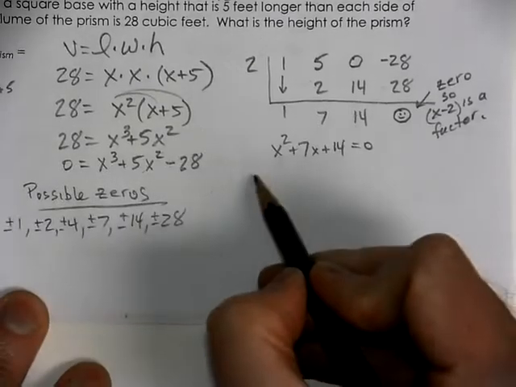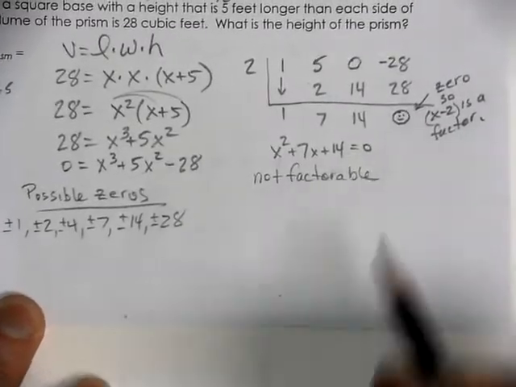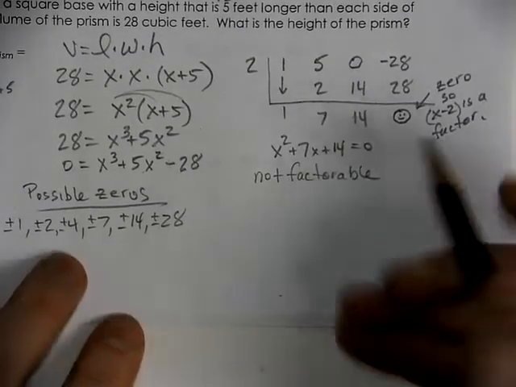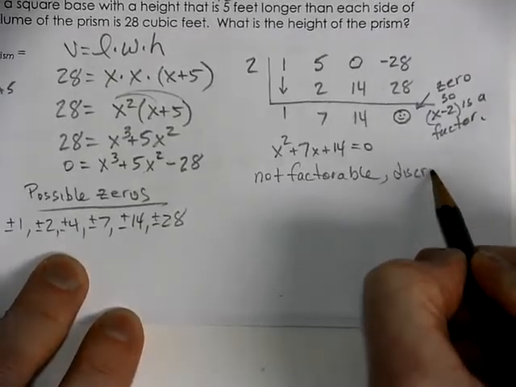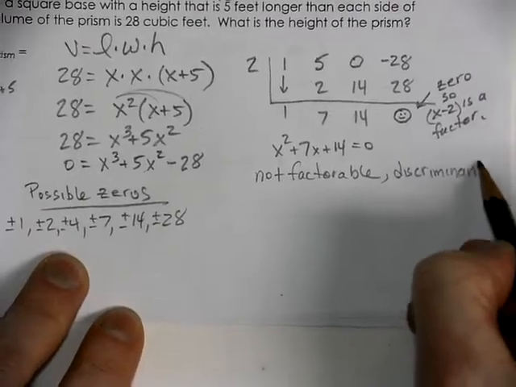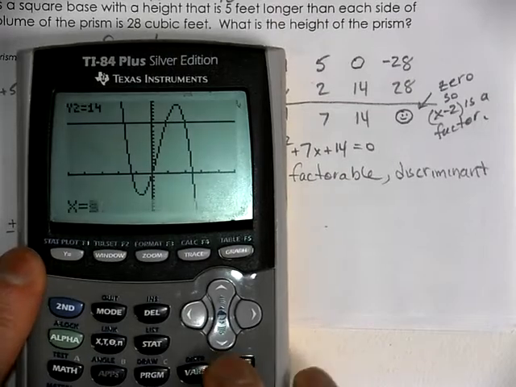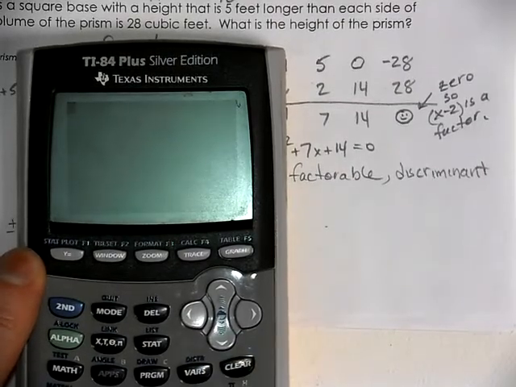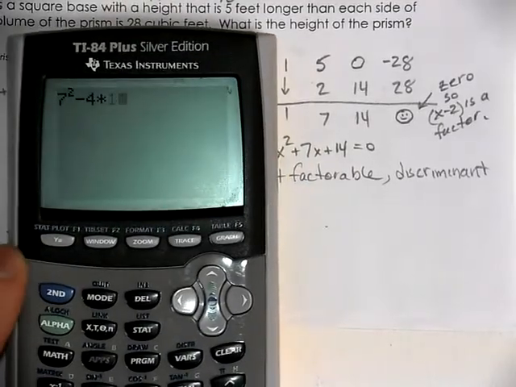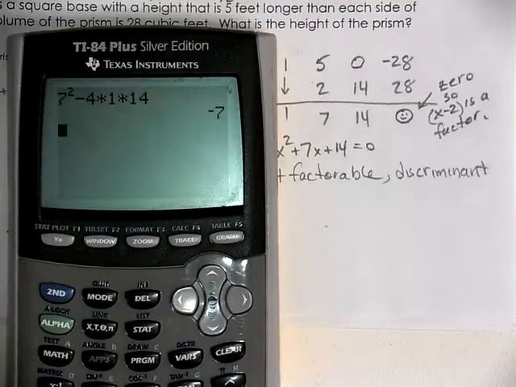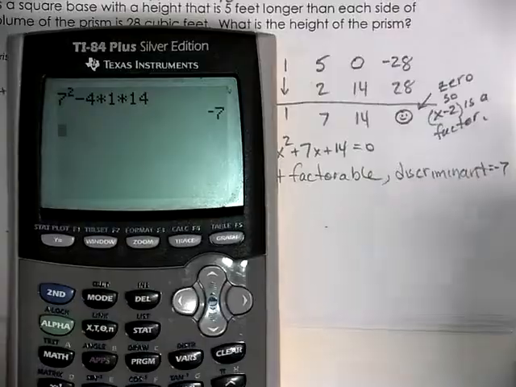That's not factorable. Okay, and the discriminant, b squared minus 4ac, b squared minus 4 times a times c, that gives us a negative 7. The discriminant is negative 7.